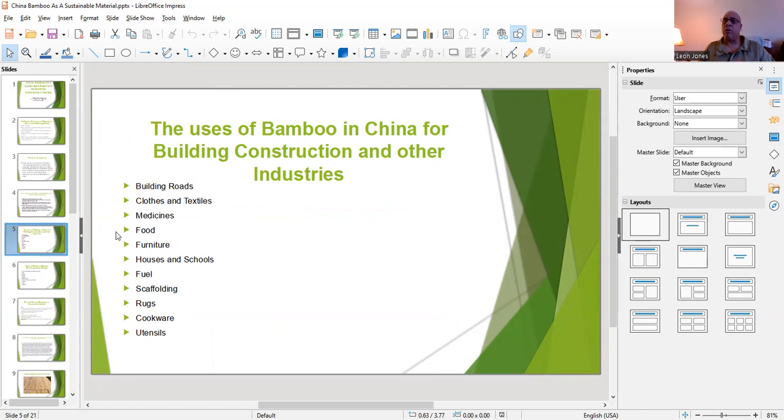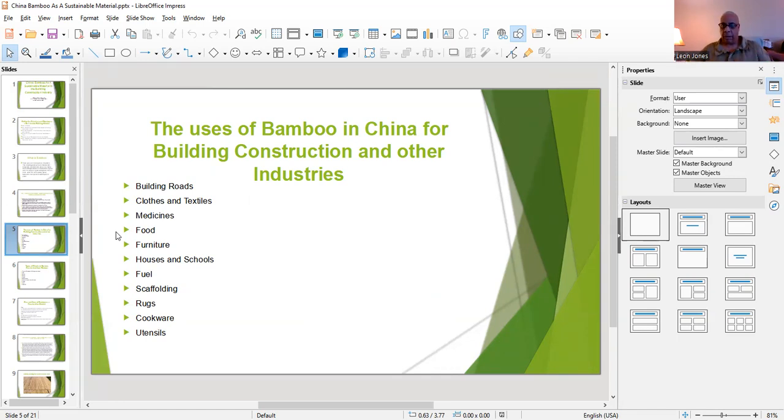Now you can use bamboo to build roads, you can use it for clothes and textiles, medicines, food, furniture, buildings such as houses and schools. You can also use bamboo for fuel, scaffolding, utensils, rugs. So if you're going to develop any materials that we utilize, like utensils, I would go with bamboo.